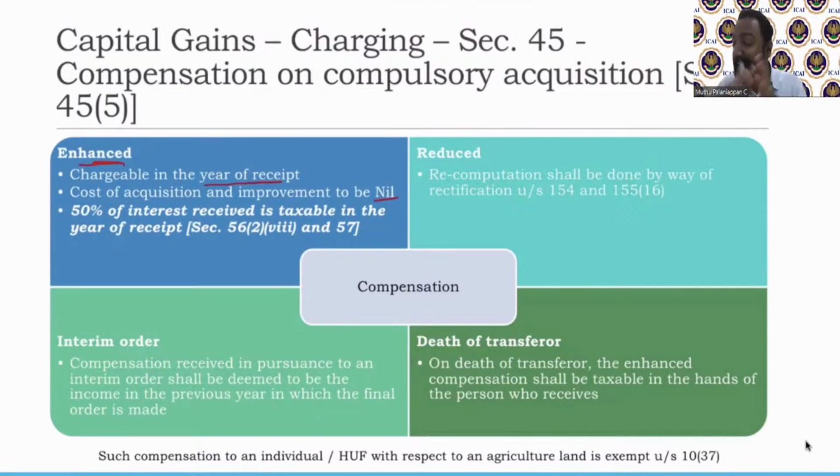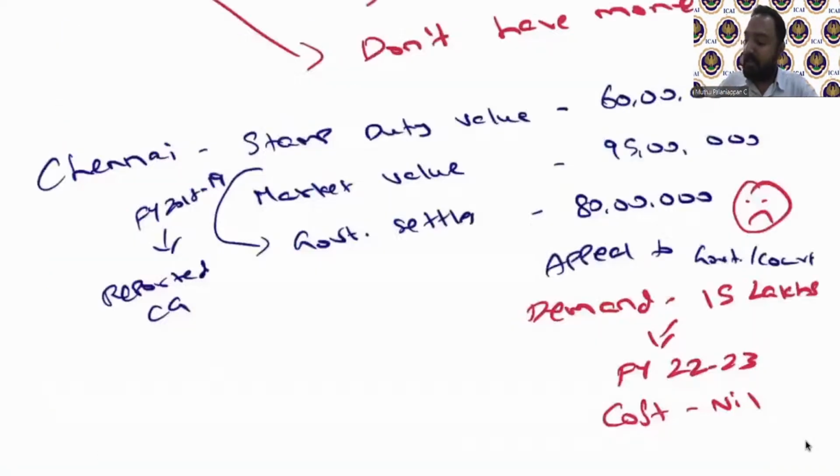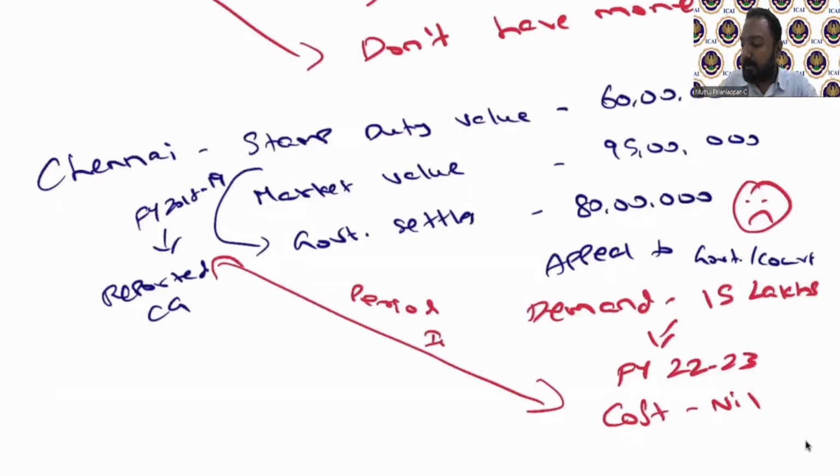And now, when they give this enhanced compensation, for this period between 18-19 and financial year 22-23, they will also pay interest. Not just 15 lakhs, they'll also give you interest. Why?